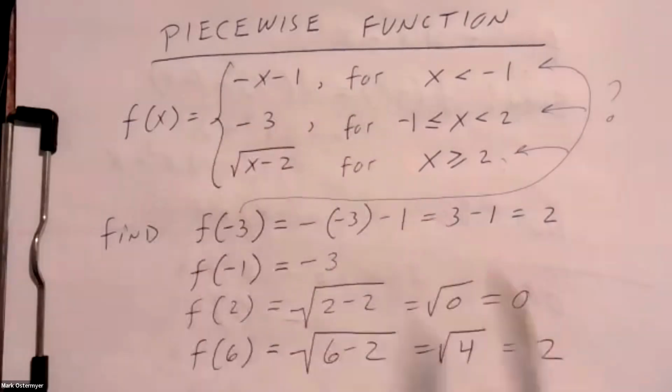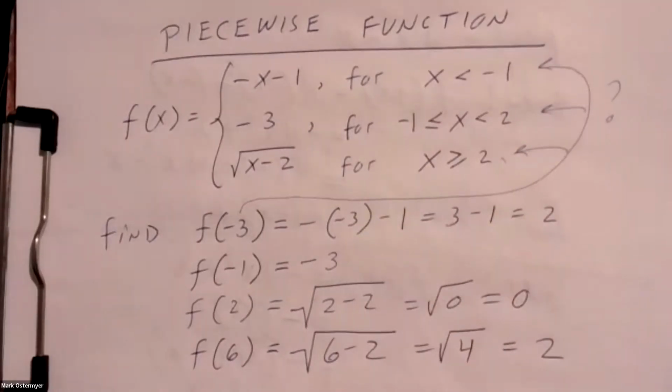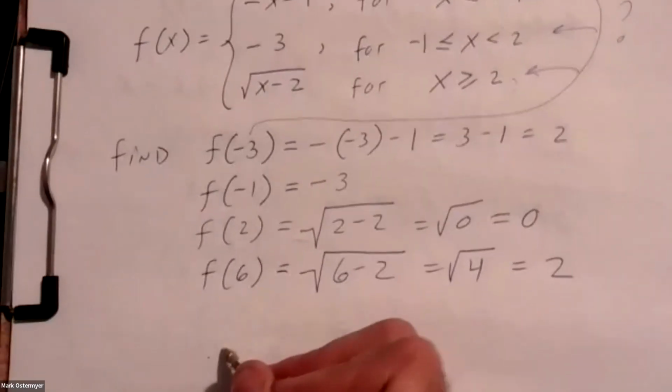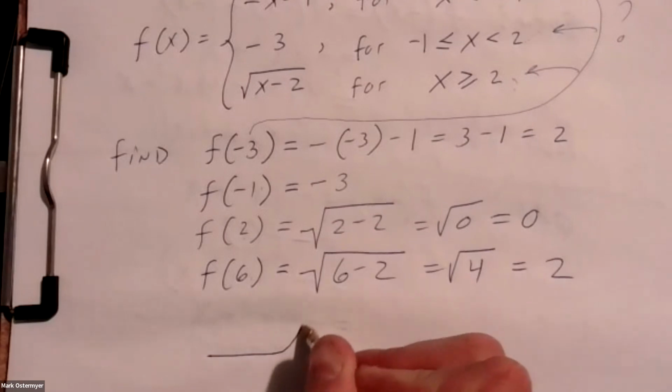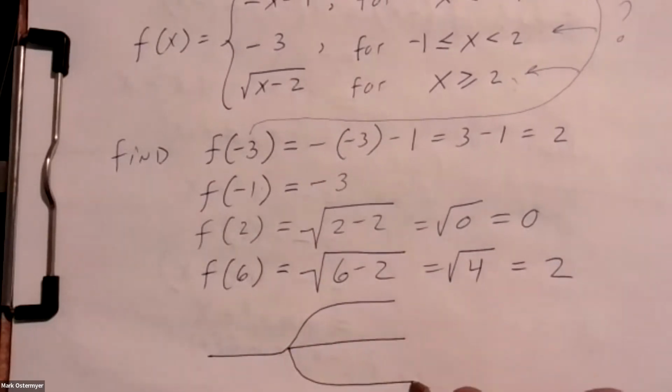We call it a piecewise function because the domain of this function is broken up into 3 different pieces or intervals. This interval, or this interval. Okay? And that's why it's called a piecewise function. I like to think of piecewise functions as being kind of like switch functions. Kind of like you got a main track coming into a railroad yard. You got a track that goes off this way, one that goes straight ahead, and then one that goes this way.